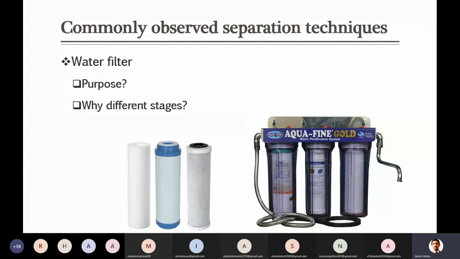Okay, so this is another example of filtration which you have seen here. I mean, there is some surface or some barrier through which you are separating some particles which are part of the water, or which can be part of the water as well.